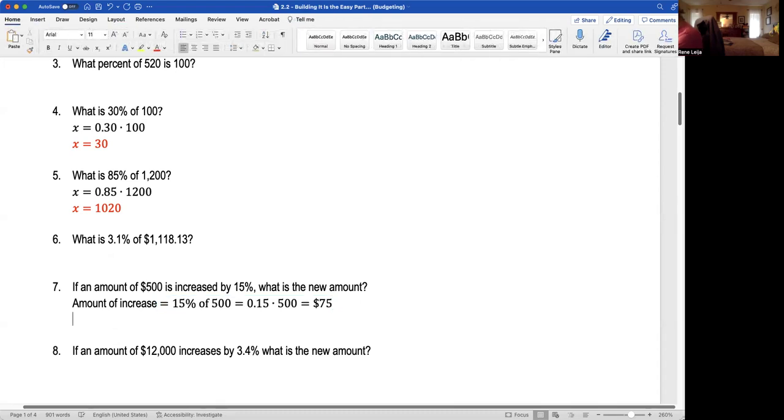Now, the new amount, the way we find the new amount is we take the original amount, and we add the amount of increase.